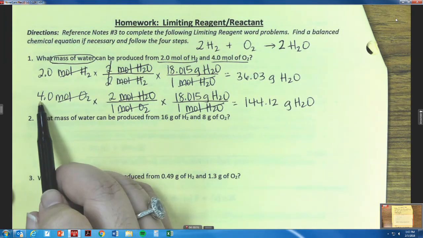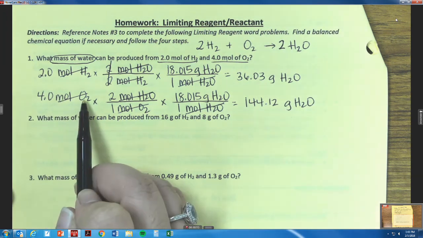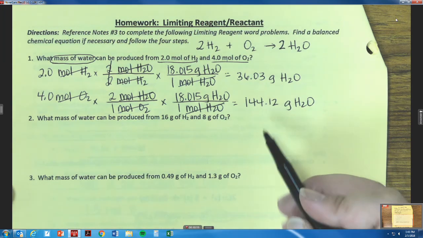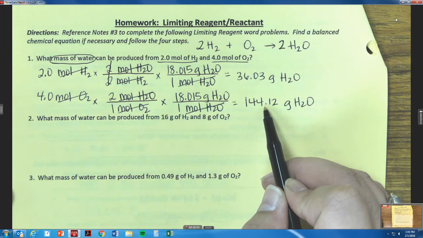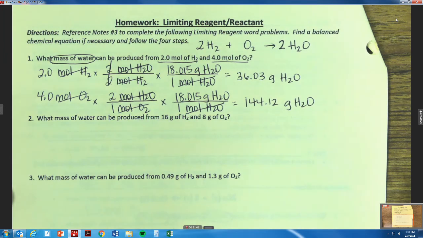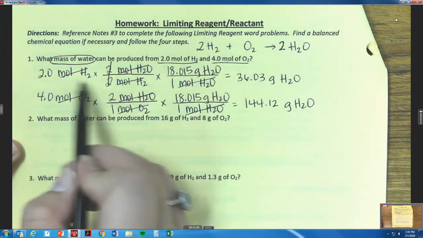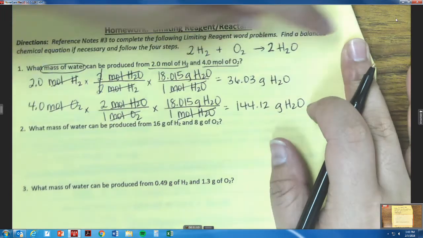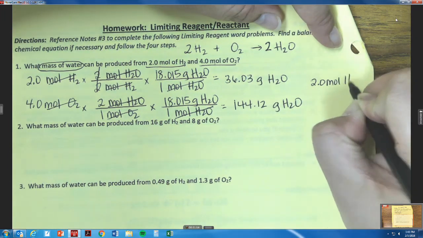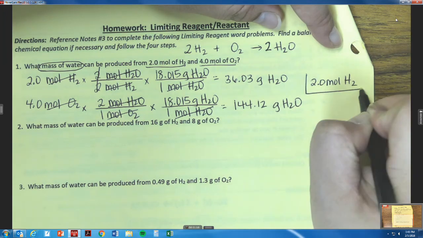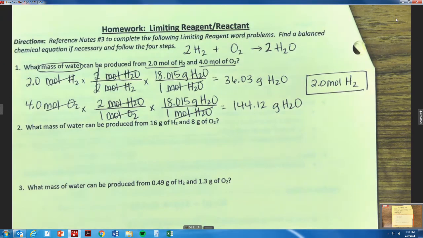But if we had 4 moles of oxygen, then we'd be able to produce 144.12 grams of water. So which one is going to prevent us from making as much as we want? That's going to be hydrogen. So our 2 moles of hydrogen is going to be our limiting reagent.